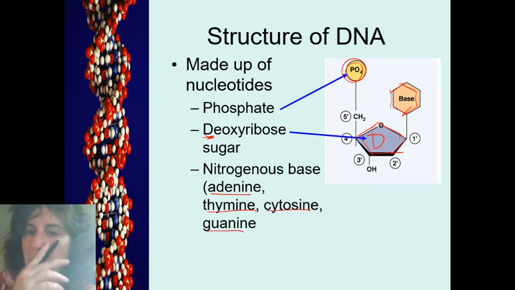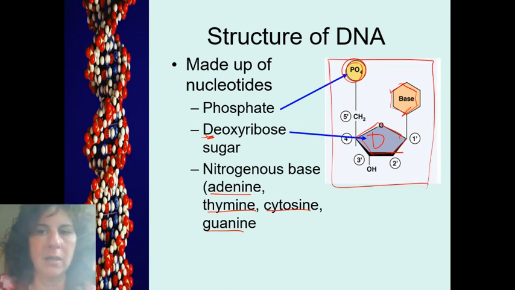Every single living organism, from bacteria to an amoeba, protist, to plant, fungus, and animal, all of our DNA is made up of the exact same thing. 4 different nucleotides, and the only thing different about these nucleotides are those 4 things there: the adenine, the thymine, the cytosine, and the guanine.